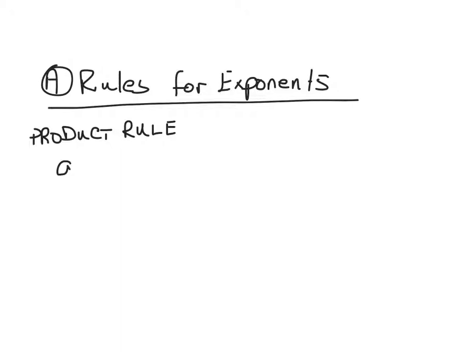If I had a to the m times a to the n. See how the bases are the same? They're both a. So does anybody remember from a previous class when the bases are the same what we do with the exponents? If you don't know, let's go over here and do some exploring. Okay, and we'll figure it out.